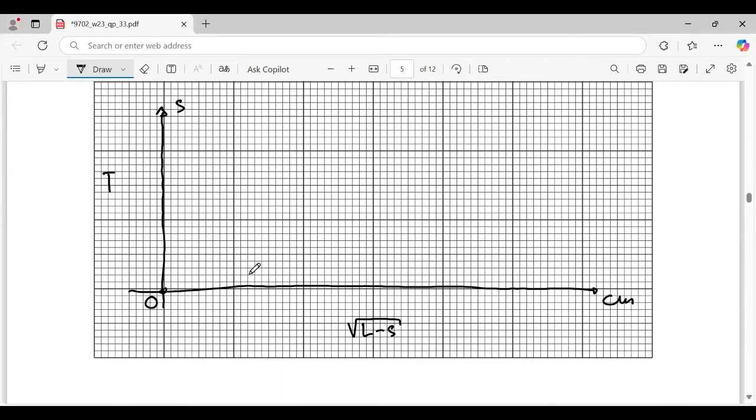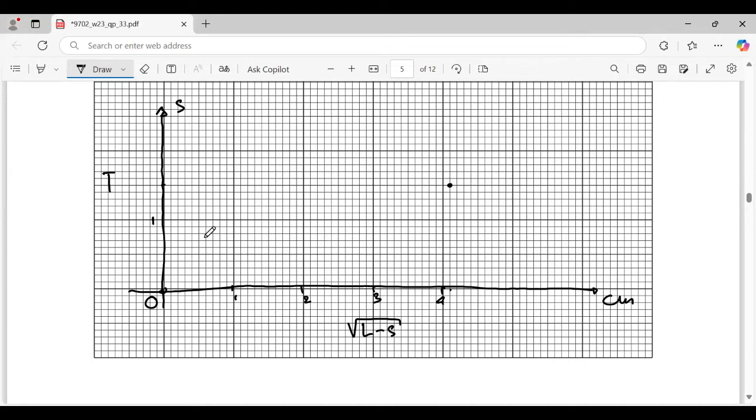Firstly, 4.1. 1, 2, 3, this is 4, 4.1 on this line, and 1.5 on this line. This is the coordinate point of 4.1 and 1.5.